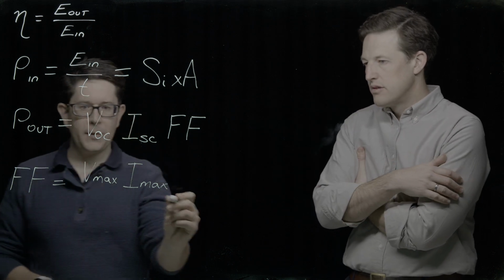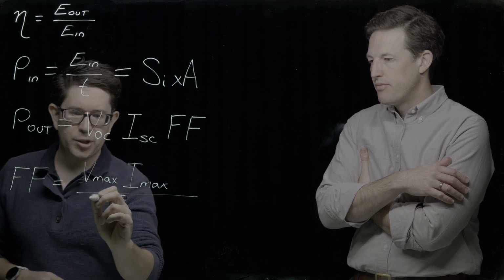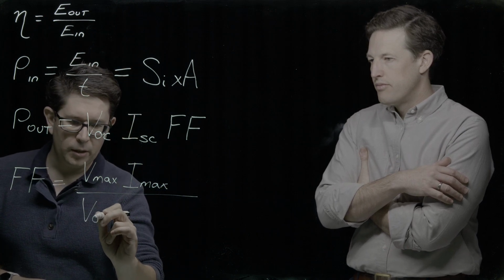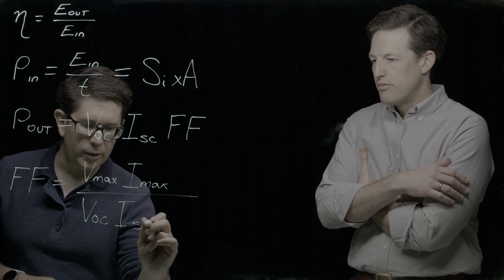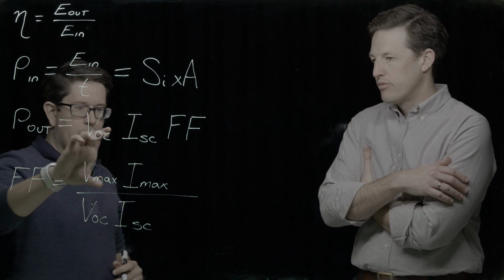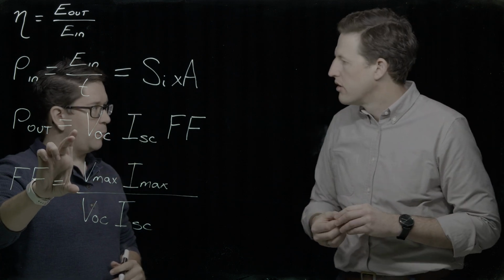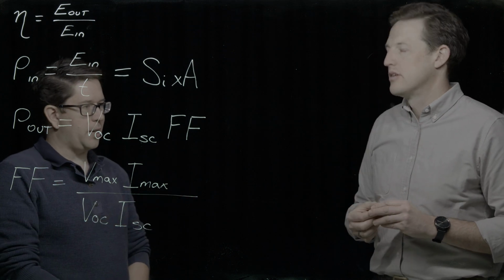Okay. And the product of those two is actually smaller than the open circuit voltage times the short circuit current. Right. So the fill factor is looking at the ratio between how much power I'm getting at the maximum power of this solar cell and how much power could I theoretically get out of the device.